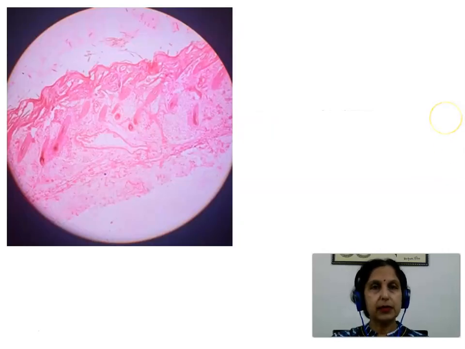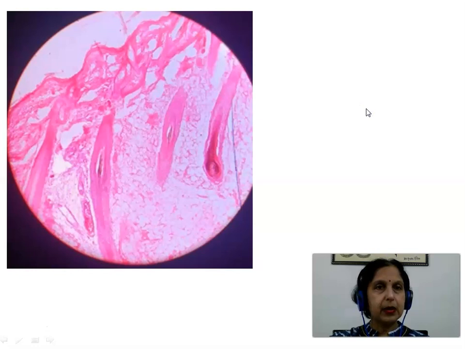Let us now see a low power field view of a slide of thin skin. What we see here is the epidermis, which is much thinner as compared to that seen in the thick skin. What we appreciate here is presence of hair follicles, which is the identifying feature here.